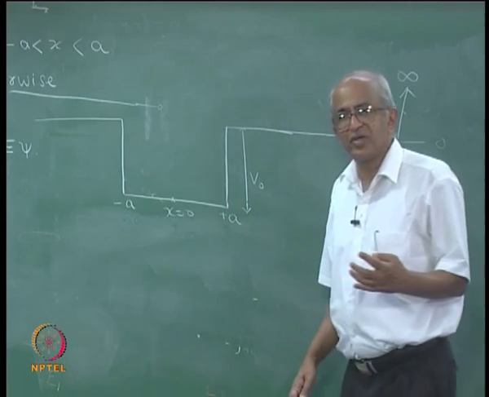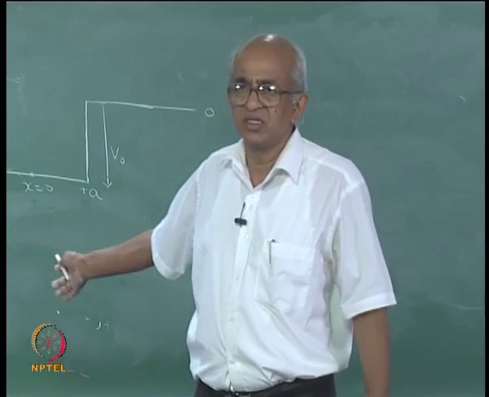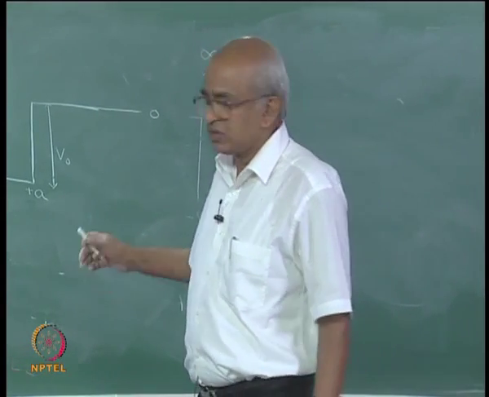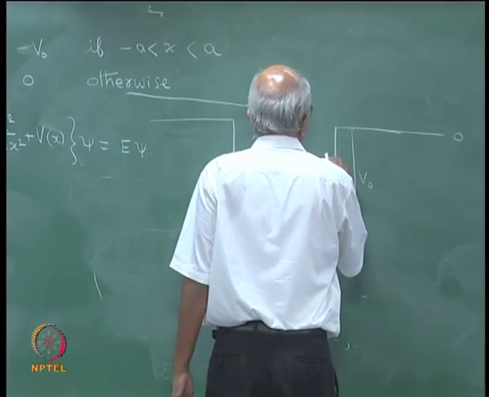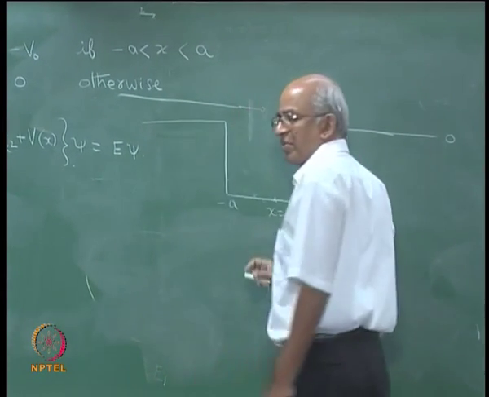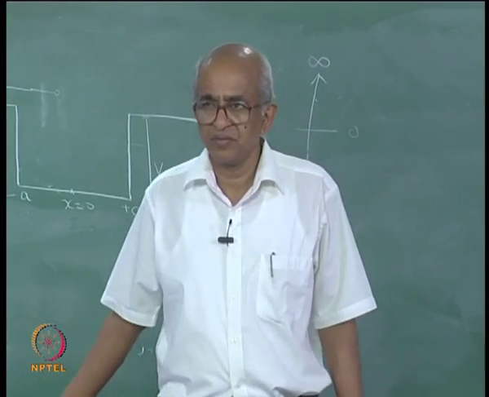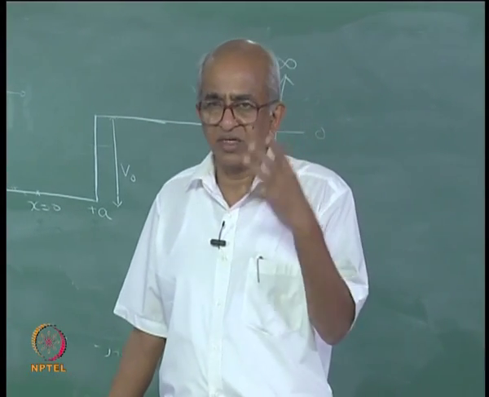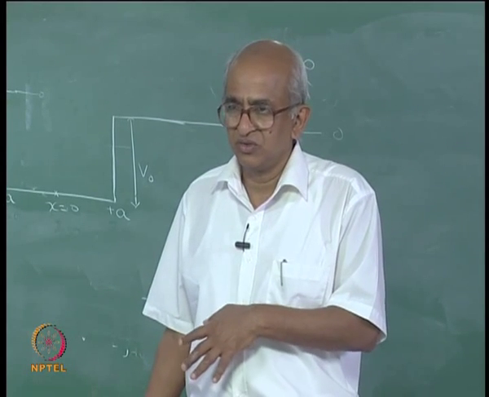So, what we want to know is, quantum mechanically will the particle remain bound within the box. So, what I am going to do is, I am going to think of situations where the energy of the particle is less than 0. I will first look at situations where the energy of the particle is less than 0.